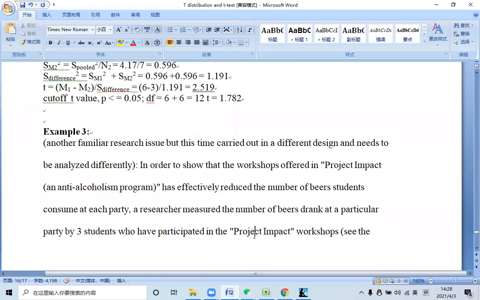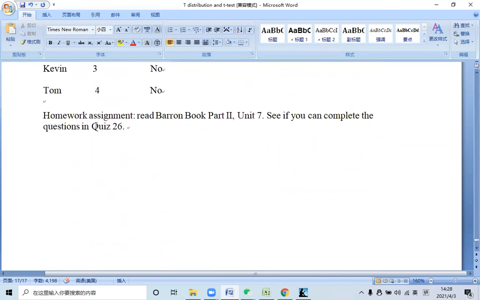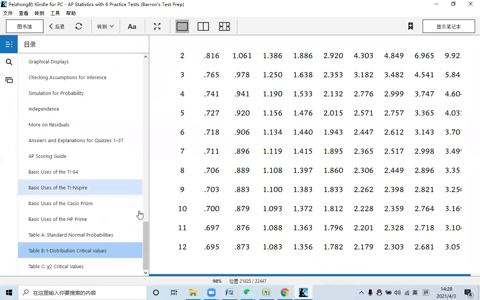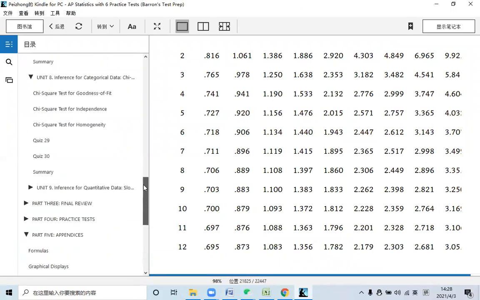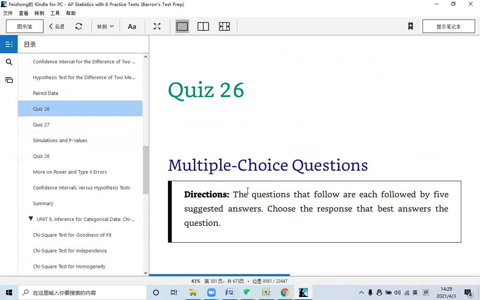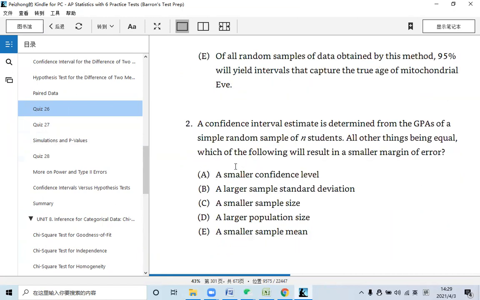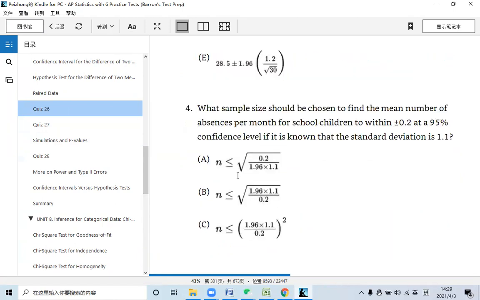Also, in the textbook, they have some really good quizzes for practice. Quiz 26 is really good, so you should do quiz 26. Let's look at quiz 26. You are ready to do all these questions.